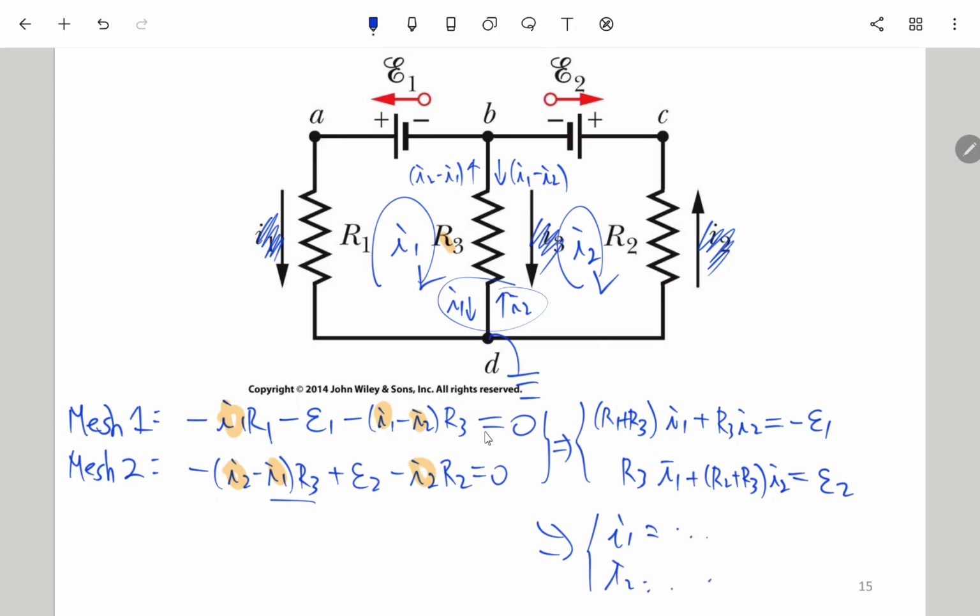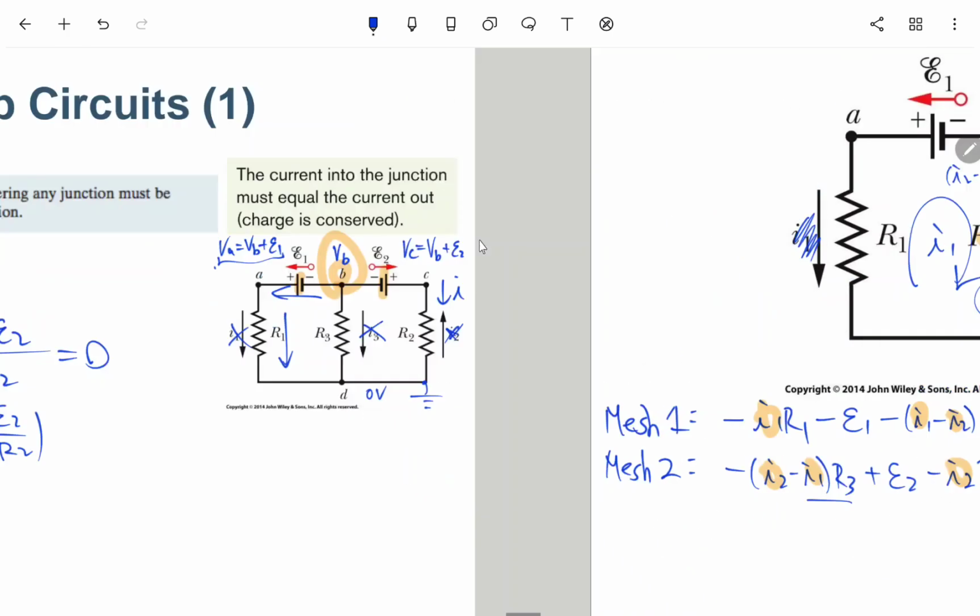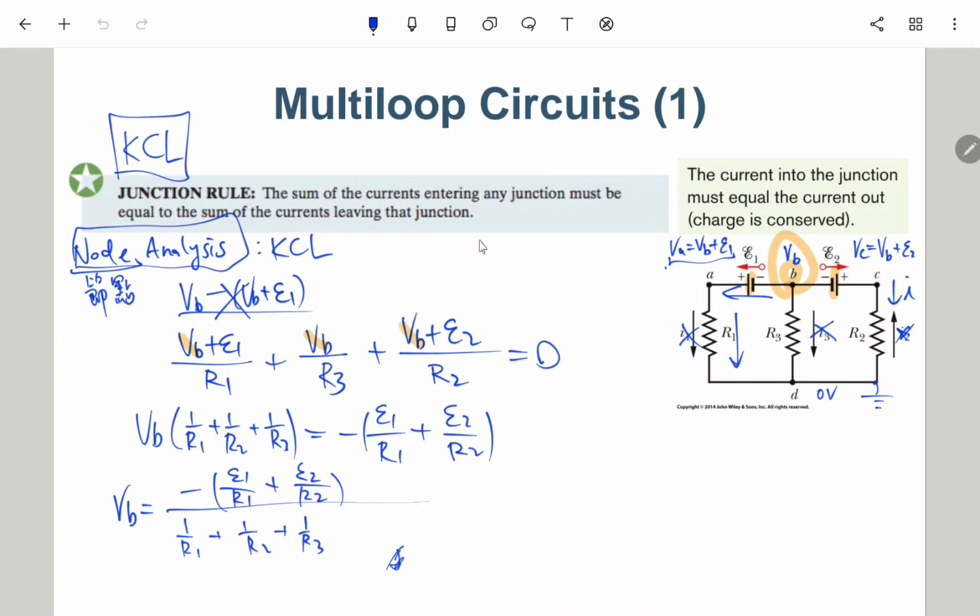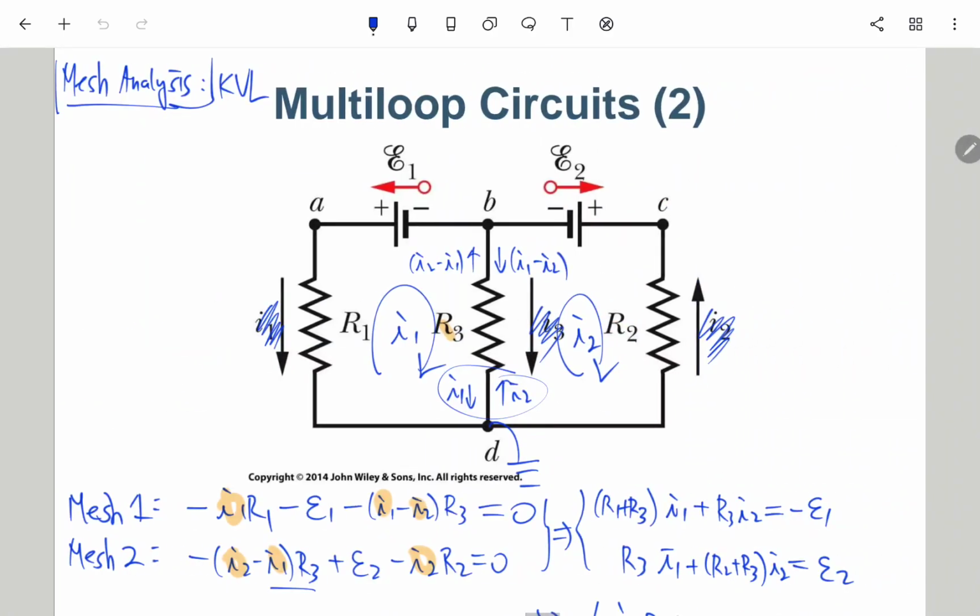And then in that case we know the currents, and after we know the current we can know every voltage, similar to this. If we know the voltage VB, we can solve the other voltages easily, or even find every current easily.